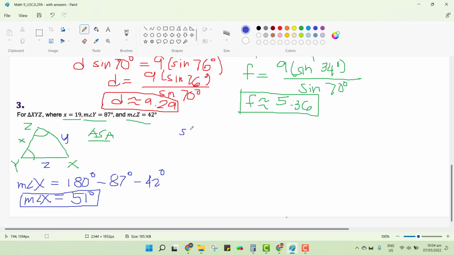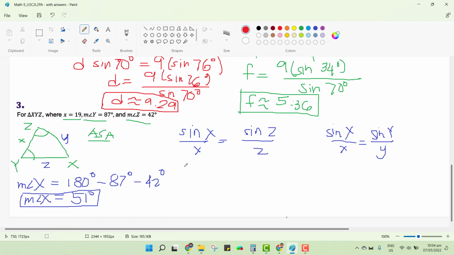We could pair sine x over side x together with sine z over z. Or you could also have the other one, sine x over x is equal to sine y over y. So these are the two situations now to solve for the further measurements of sides.